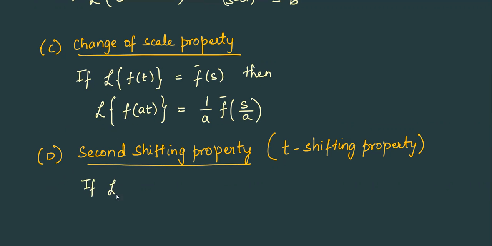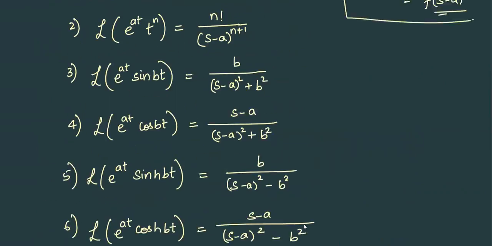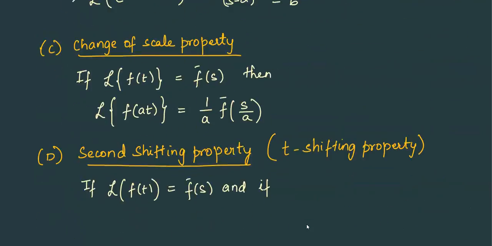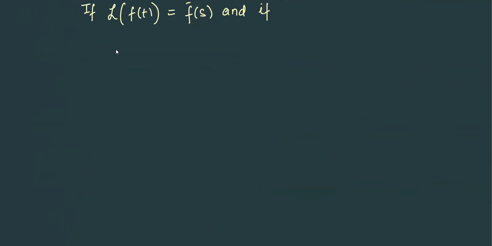So if the Laplace transform of f of t is f bar of s, and there is another function f1 of t such that it is f of t minus a for all t greater than a, and it is 0 for all t less than a.